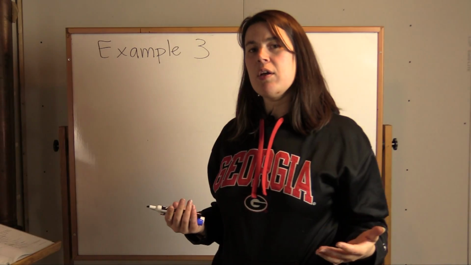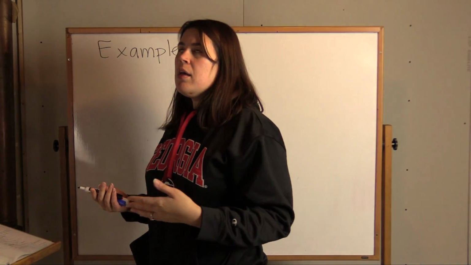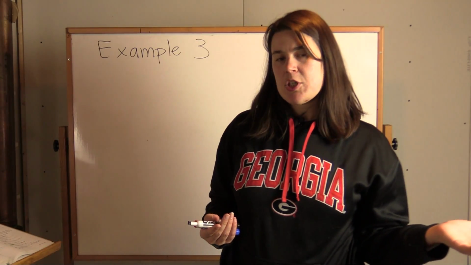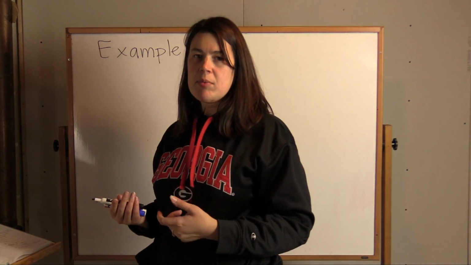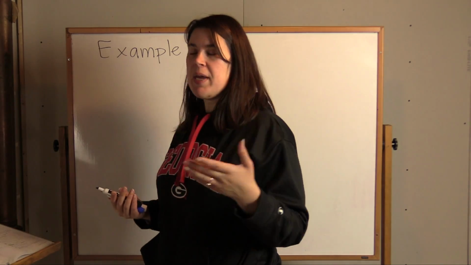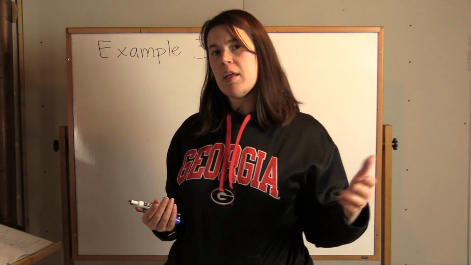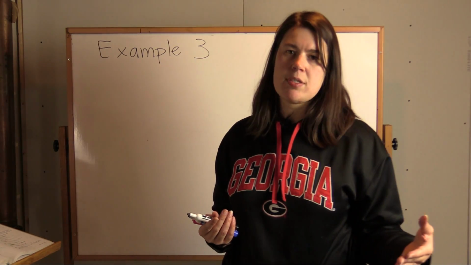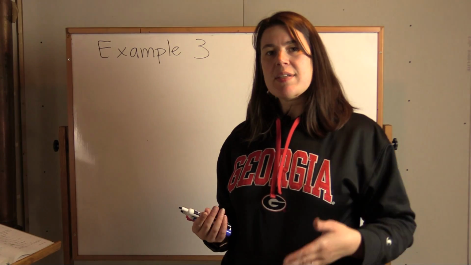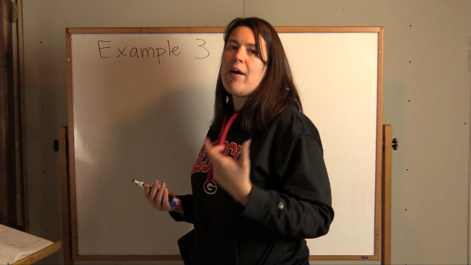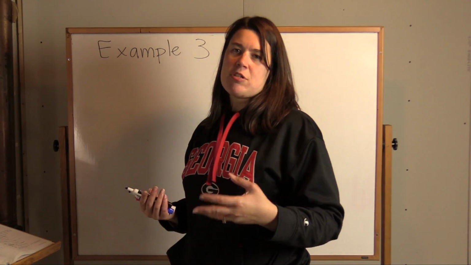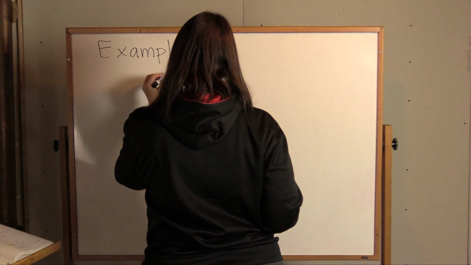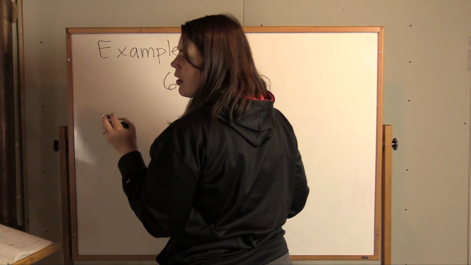So what you're going to notice is that even though solving these problems by grouping is a little bit different from what we did in section 6.2, there are similarities, because depending on the signs within the trinomial, we're still using the same method that we did in section 6.2. The signs tell us everything in terms of how the factors are going to add or subtract to equal what we're looking for. So I'm going to go ahead and get our example up and we're going to work through it.